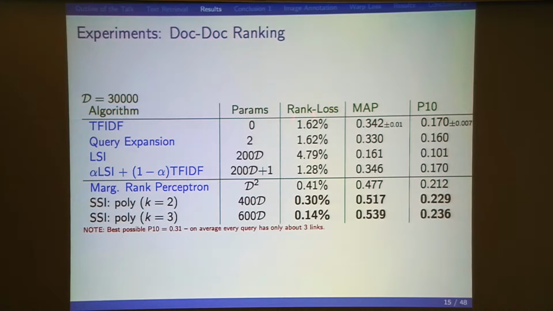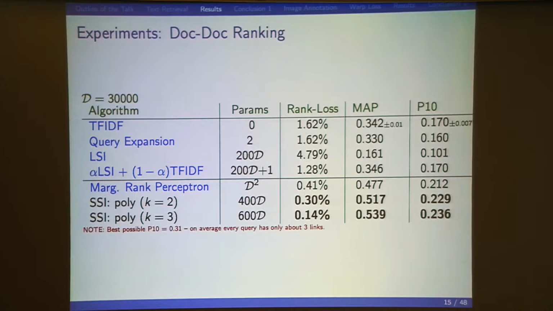The ranking loss is the thing that we're training that I showed you, and then there's mean average precision and precision at 10. The approach I've been talking about, with k equals 2 and k equals 3, is down here, and it's performing a little better than the margin ranking perceptron, which is the non-embedding, full rank version. And it's much better than not doing any machine learning at all, or doing unsupervised learning, that's with LSI.